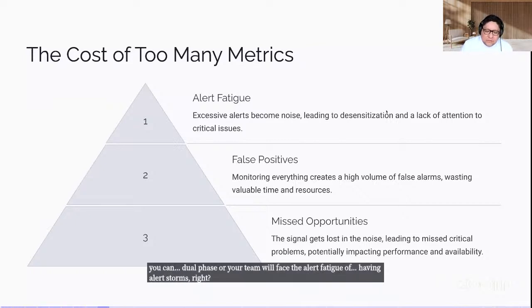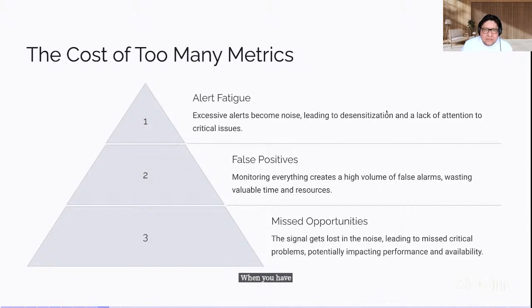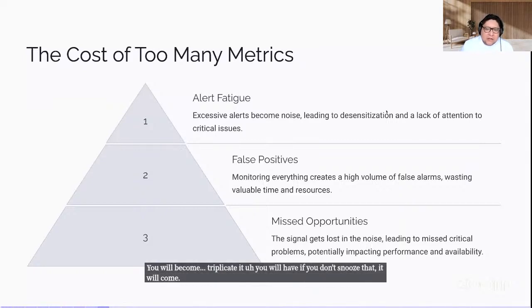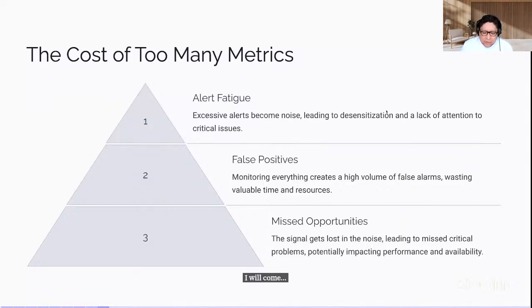When you have several metrics that will be triggered by the same problem, it will become triplicated. If you don't snooze that, it will come, and come, and come. It will be so much that it becomes meaningless. So that's the first thing.